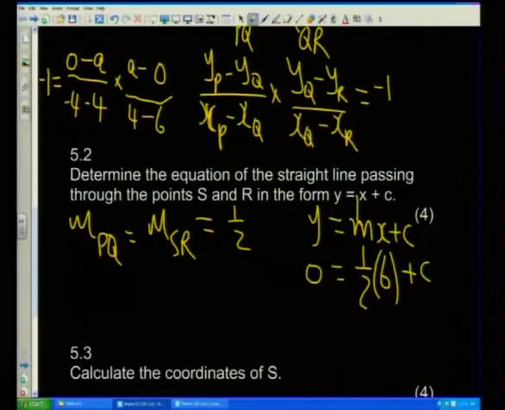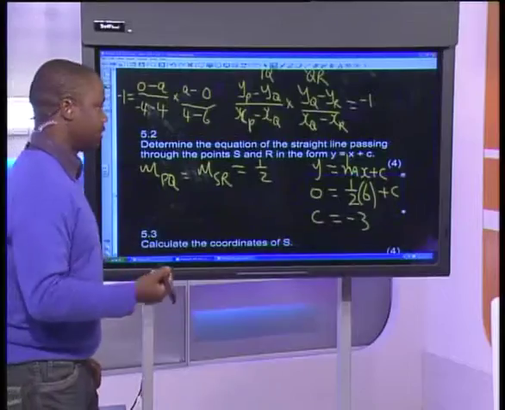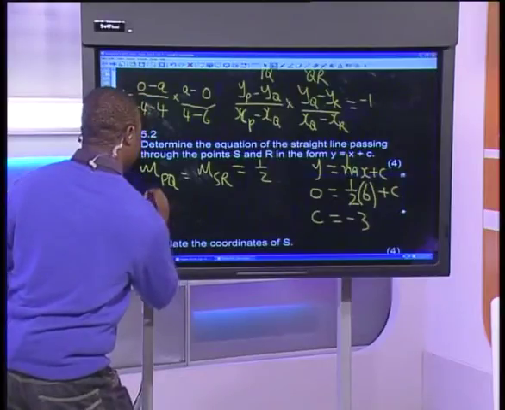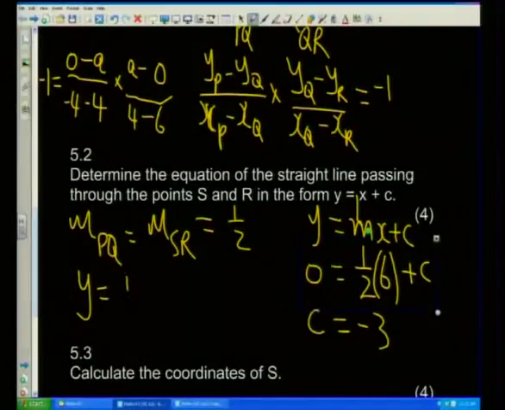Suddenly you've got the part that you didn't know, then c is going to be equal to minus 3. Okay, because this is positive 3, and when you take it to the other side, c is minus 3. So you now have the answer that says y equals half x minus 3. That's what you have been asked to do.